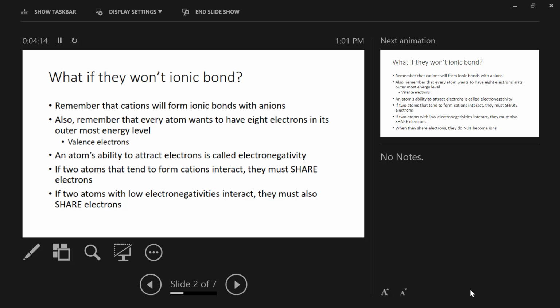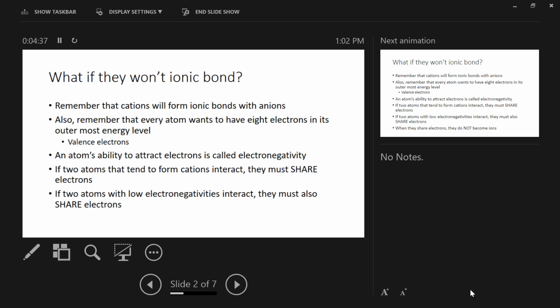Somebody remind me what electronegativity is. And yes, I know it's written on the slide. The ability to attract electrons. So why would an atom with a low electronegativity tend to become a cation? How do you become a cation?